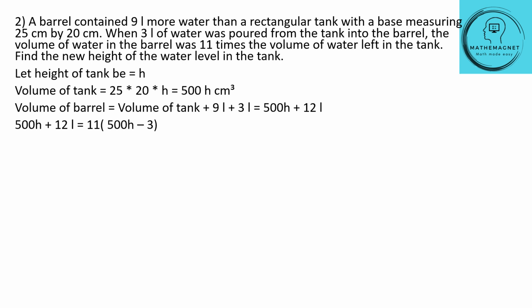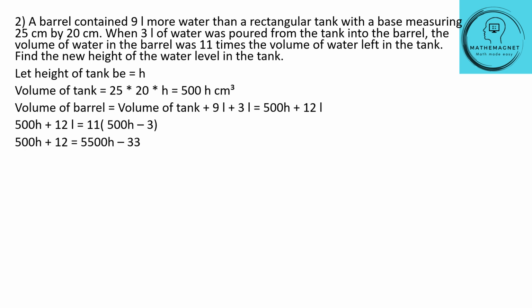So 500 h plus 12 liters is equal to 11 times 500 h minus 3 liters. That is, we have removed 3 liters from the tank and poured it into the barrel, so we will have to subtract those 3 liters from 500 h.